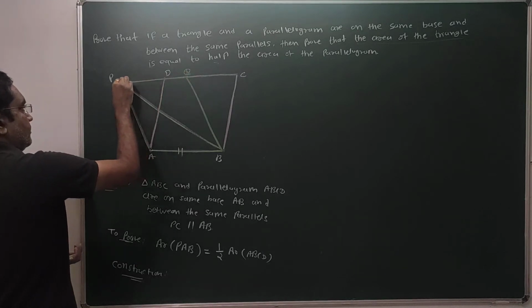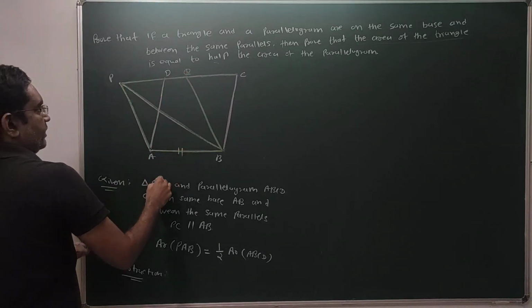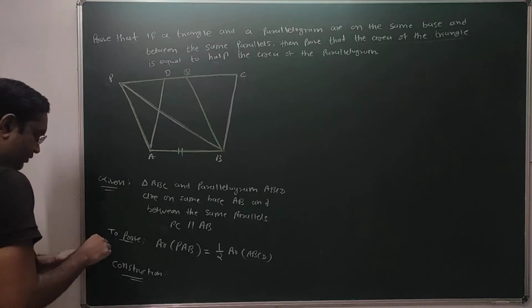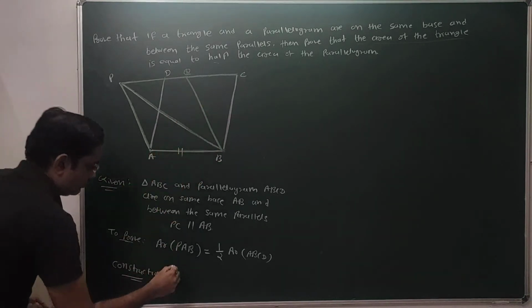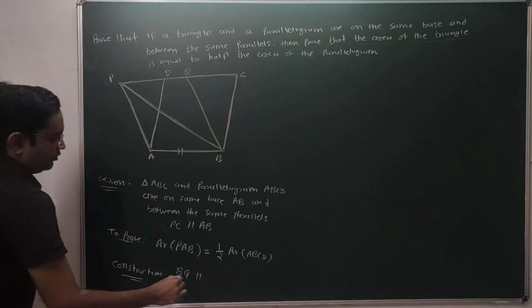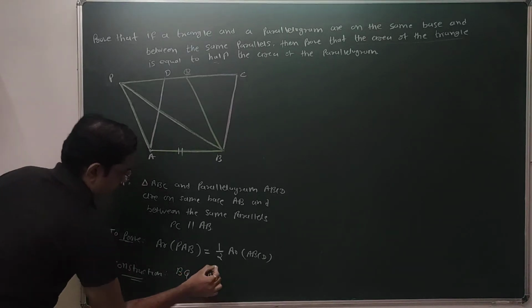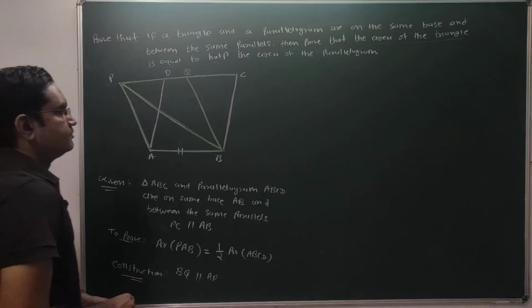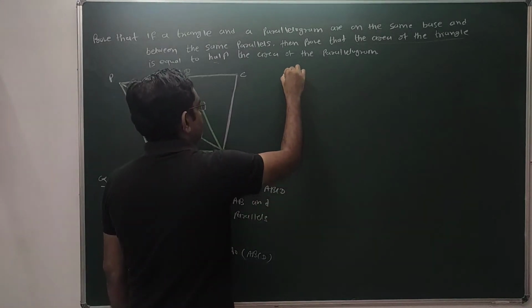This is one parallelogram having common base AB and lying between the parallels. So let BQ be parallel to AP. This is our construction. Done? So now, proof.